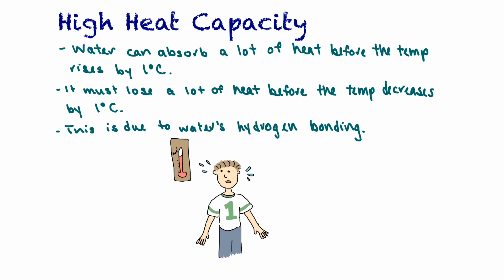It's a really great thing because it prevents lakes from freezing over the winter, and it keeps our lakes and rivers at a relatively consistent temperature. If water changed at the same rate as our air temperature, fish and wildlife would be freezing and overheating all of the time, whereas lakes and rivers stay relatively the same. Their temperature changes are very gradual.